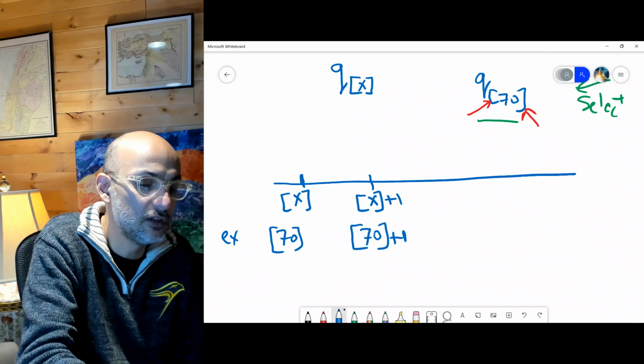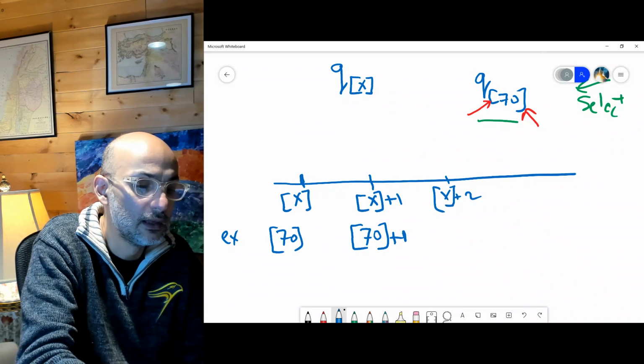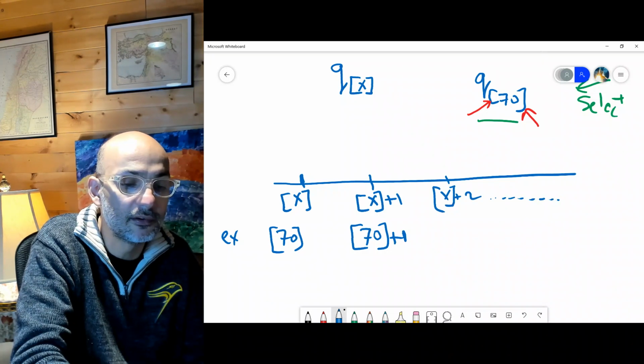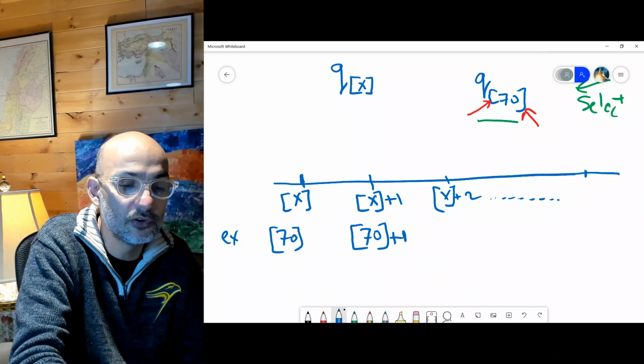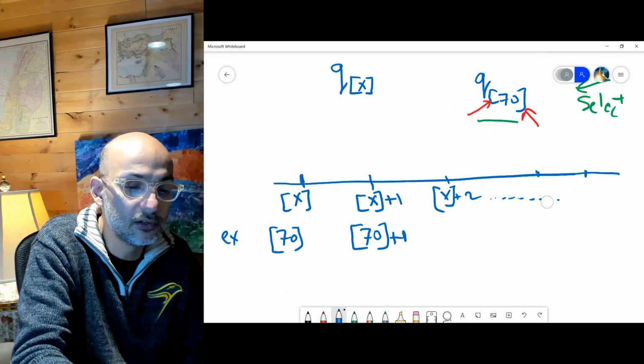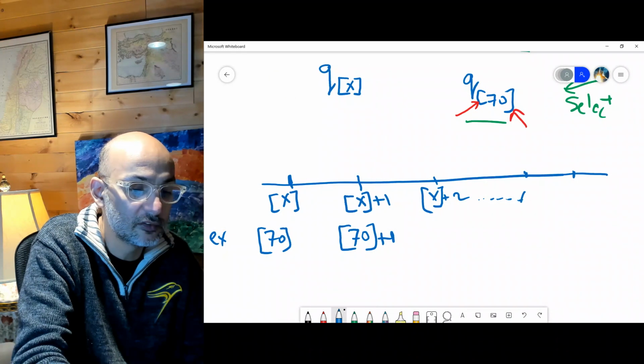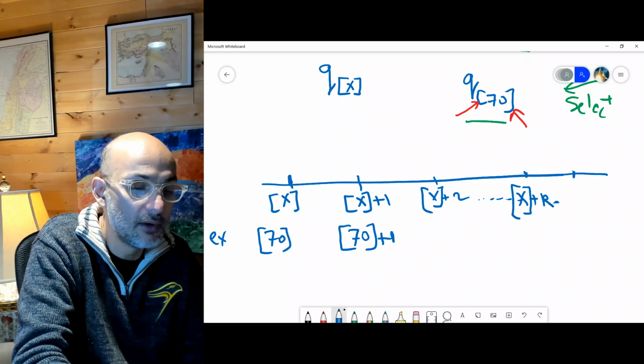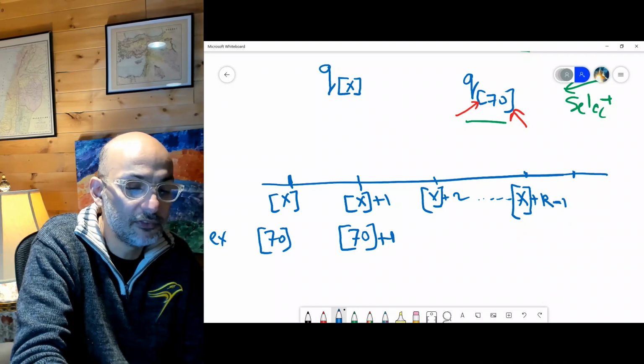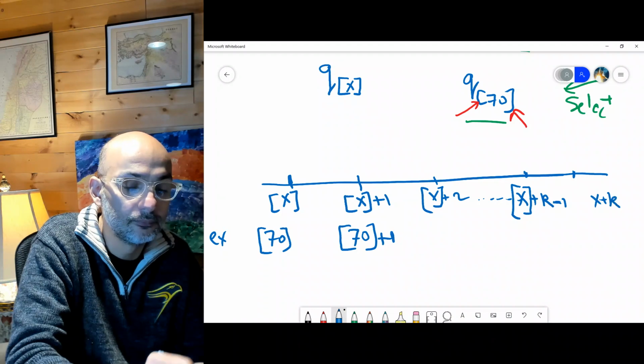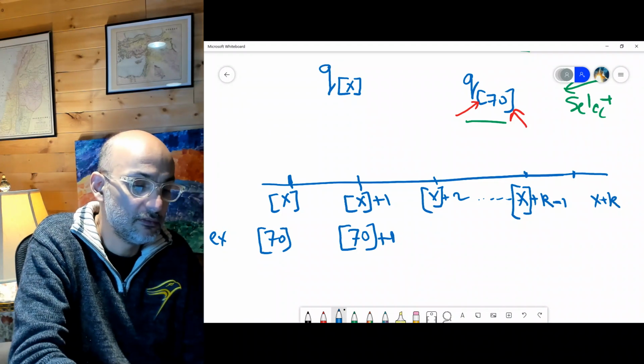So this continues. You can write x plus 2, keep it here, but it doesn't stay forever. There is a period, maybe x plus k minus 1, but after this, x plus k becomes ultimate. Maybe I'll give you an example.